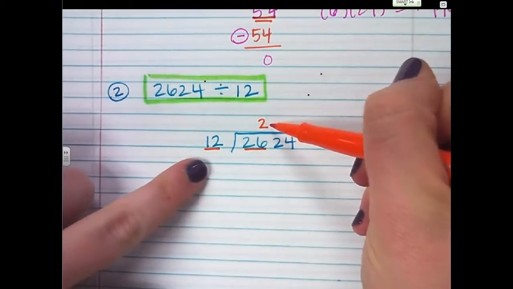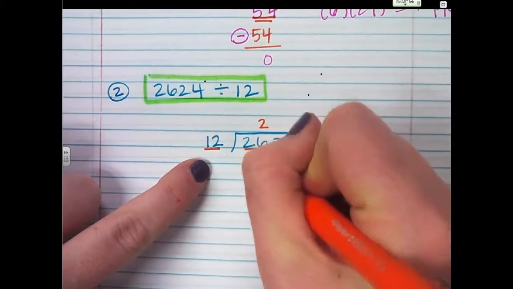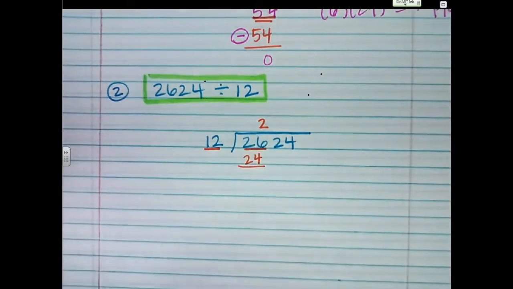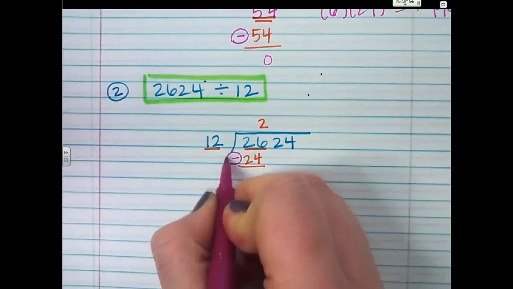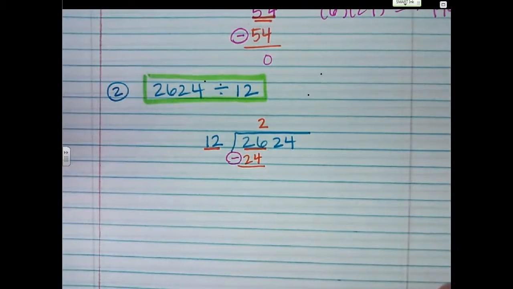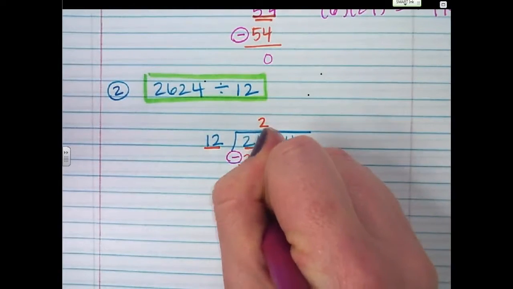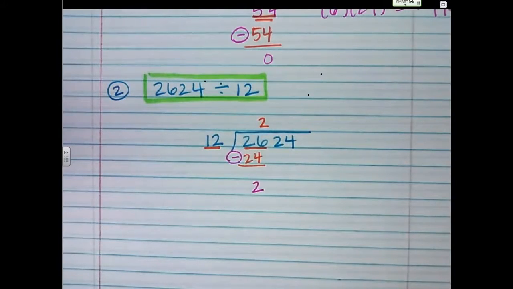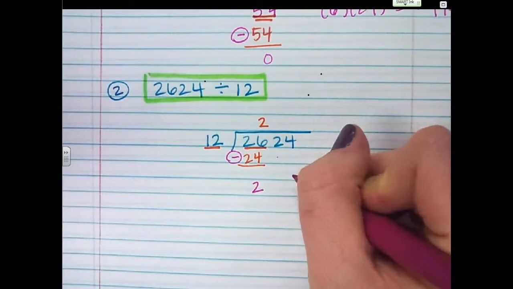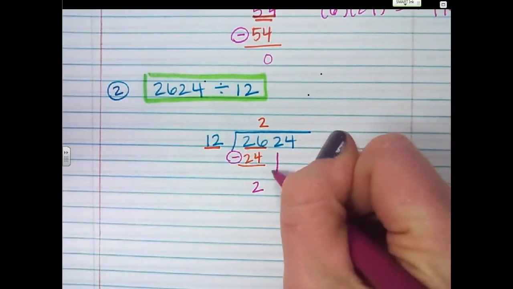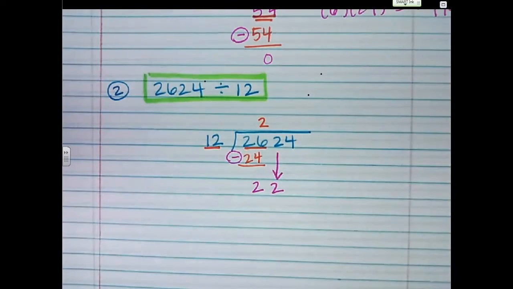Multiply. 2 times 12 is 24. And I subtract right here. 26 minus 24 is 2. And then do I bring down the 2 or the 4 or both? Just the 2. So you bring down one piece at a time.